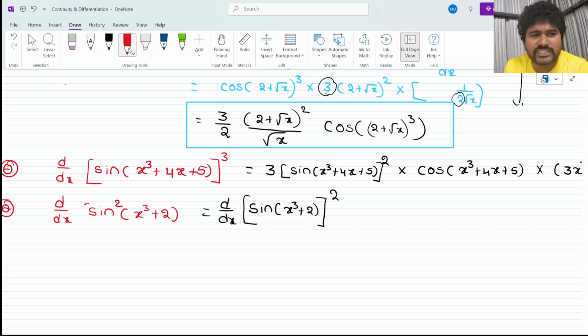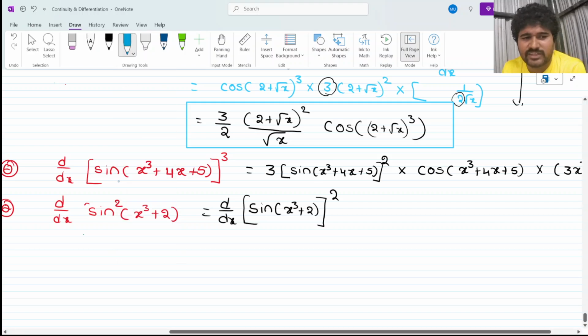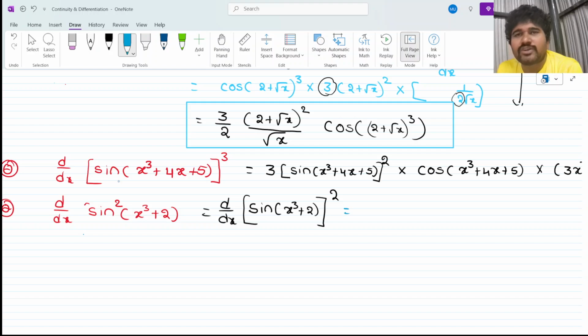So what will its differentiation look like? 2 into sine of x cube plus 2 whole power 2 minus 1. 1 only, so no worries. Into, what do I have to do? Very good. Cos of. You didn't touch that. Into.